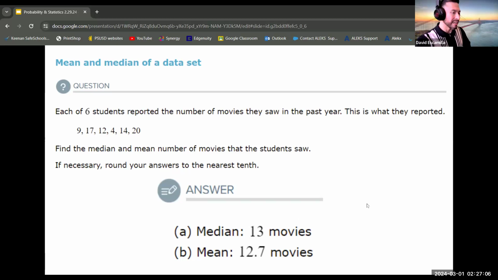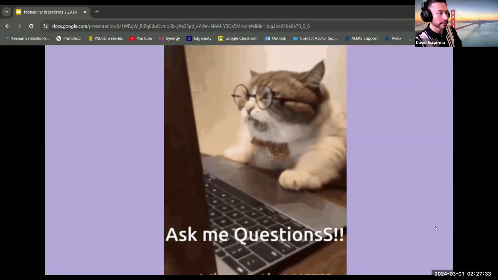Some people go really fast, and if you enter 12.66666 for the mean, that will be marked wrong. If it was Mr. Escamilla grading your work, I would mark it right. But unfortunately, we are using a system that grades everything way quicker than I could ever do it. So please make sure that you go back, revisit the problem, and enter the answer the way it was asked.